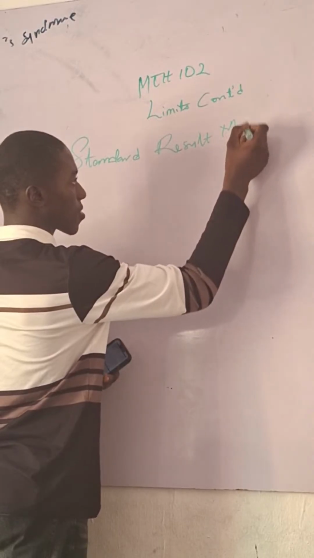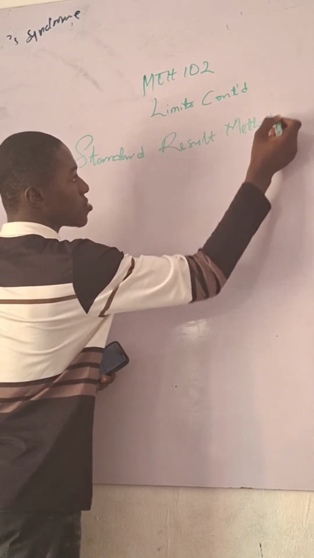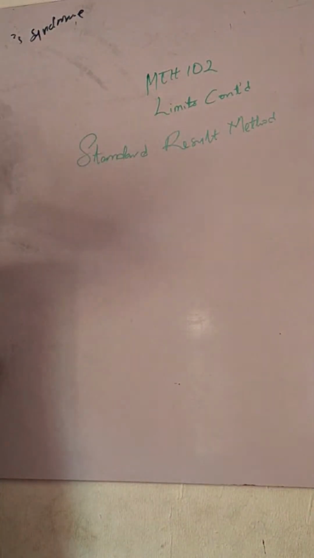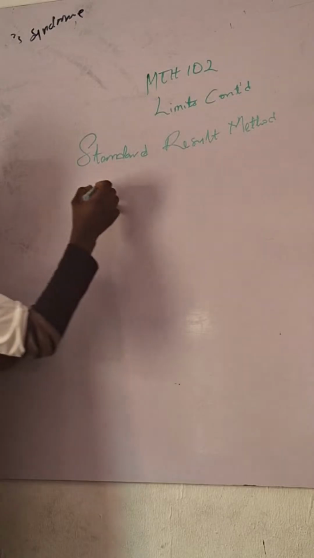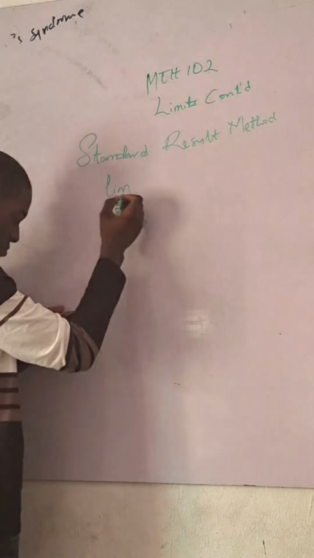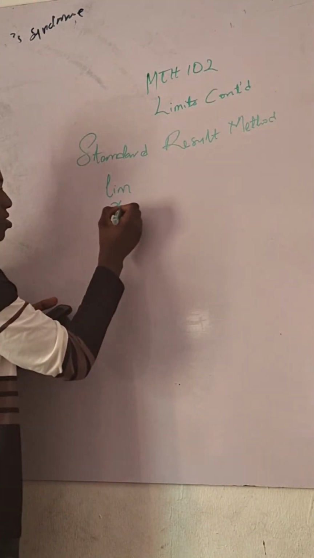It's basically used when you have something raised to the power of something. So hold on. Okay, now this is the formula. Limit of x approaching a.